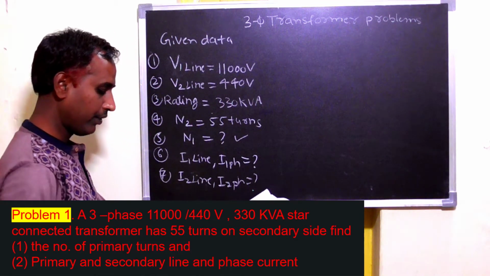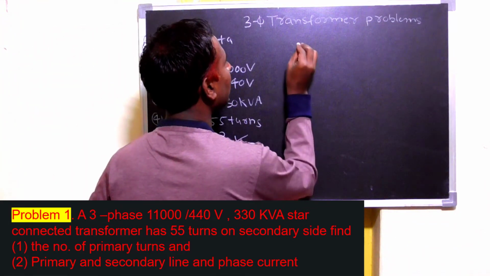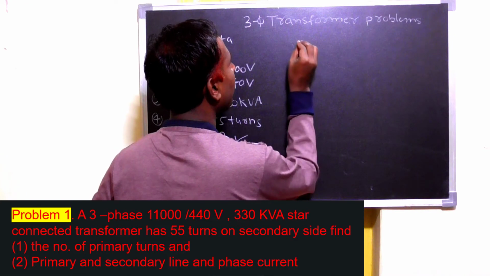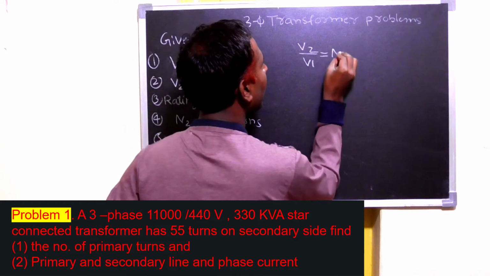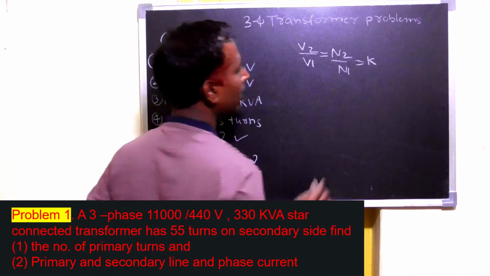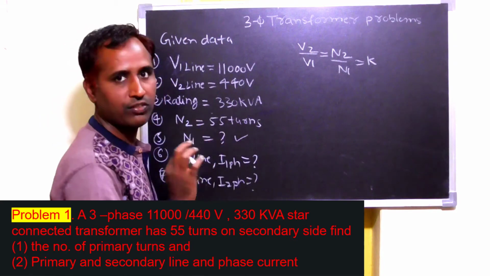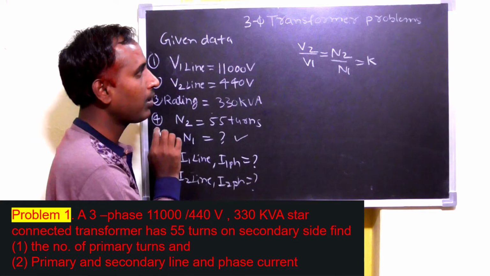We know the formula: V2 divided by V1 equals N2 divided by N1 equals K. This is the transformation ratio formula, the standard formula.